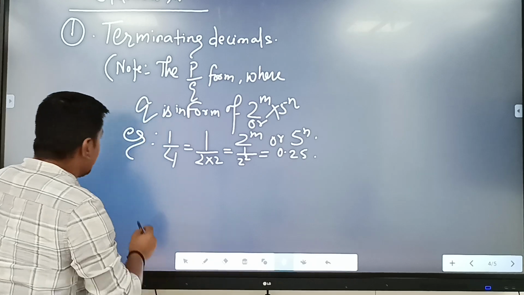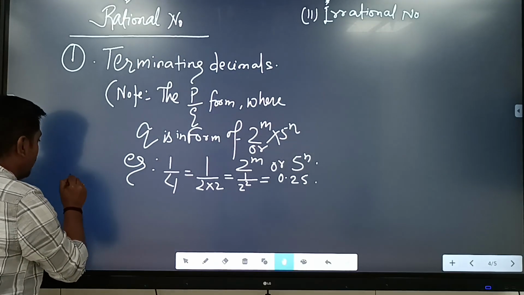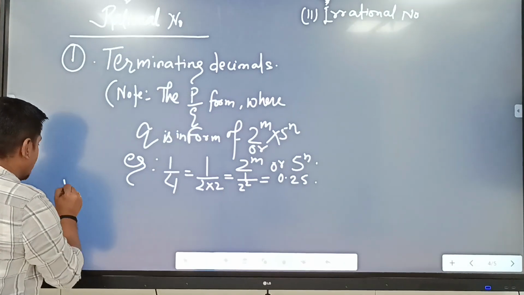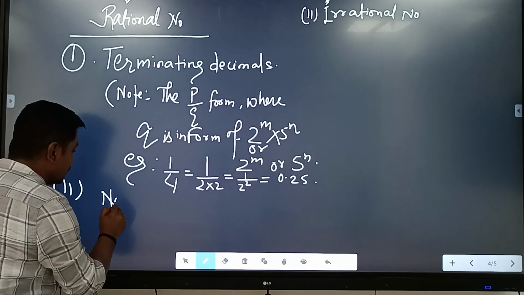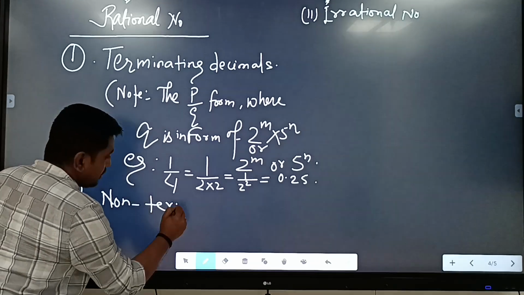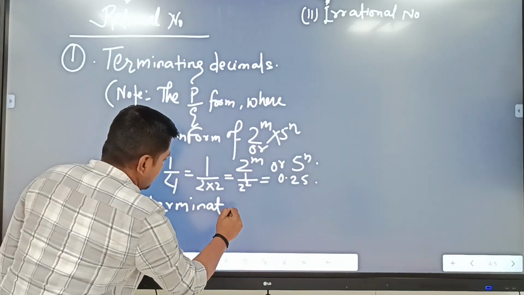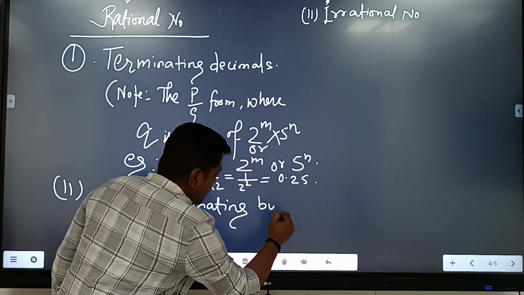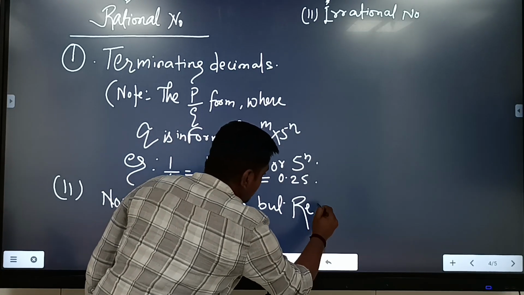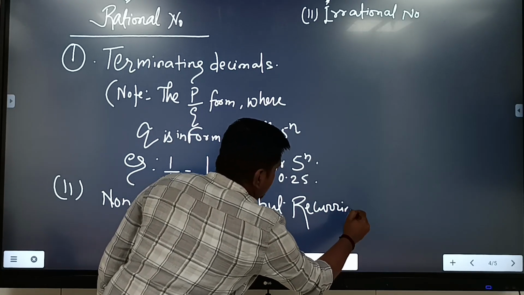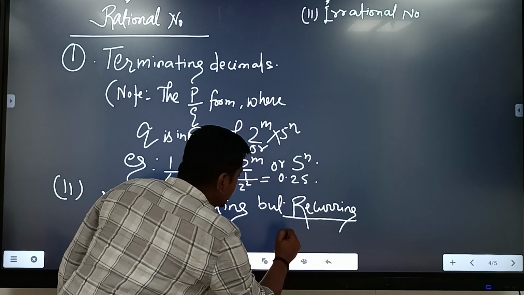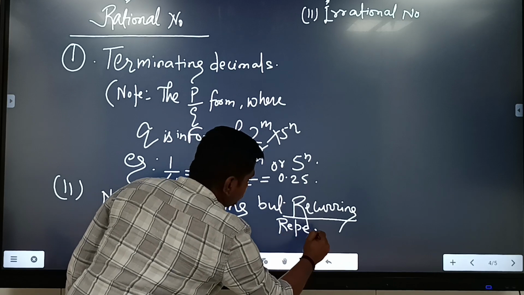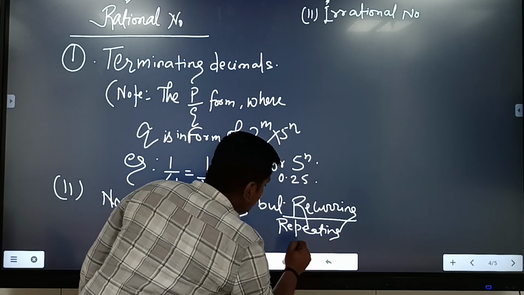Okay, fine. So let us discuss the second form of the decimal expansions, that is non-terminating but recurring, and this is also known as repeating decimals.